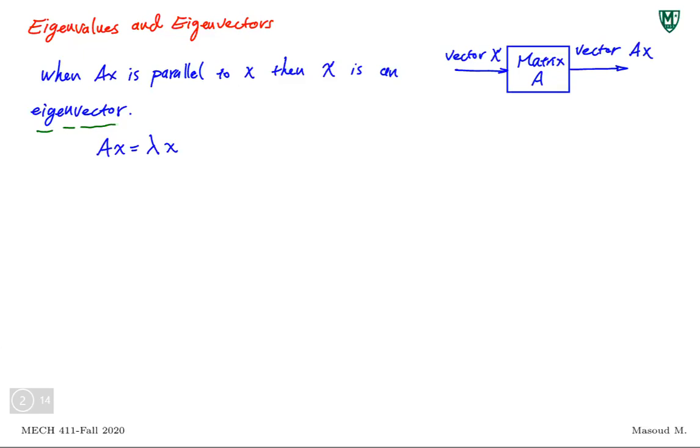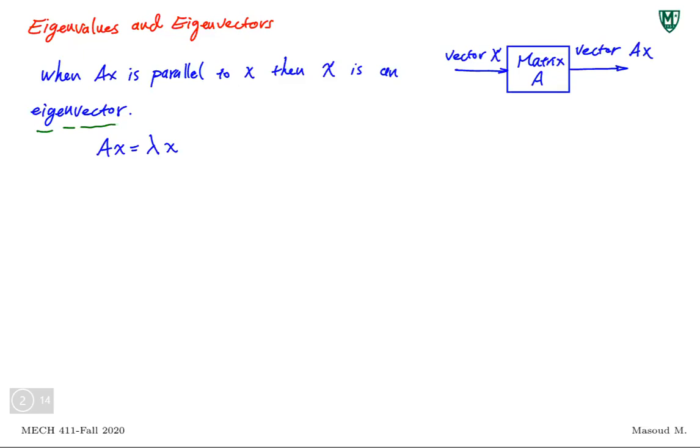If I write it this way, now lambda can be positive, can be negative, it can even be zero. If it's zero, it's a different story, but we're not going to deal with that. In this case, if I write it this way, the lambda is the eigenvalue.